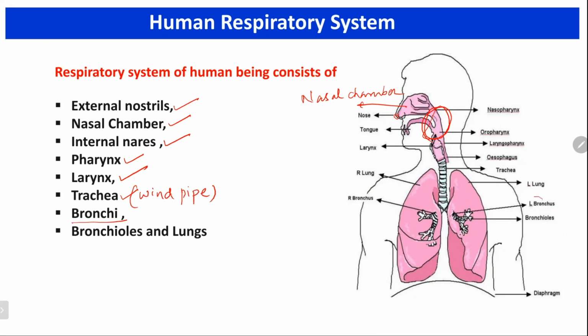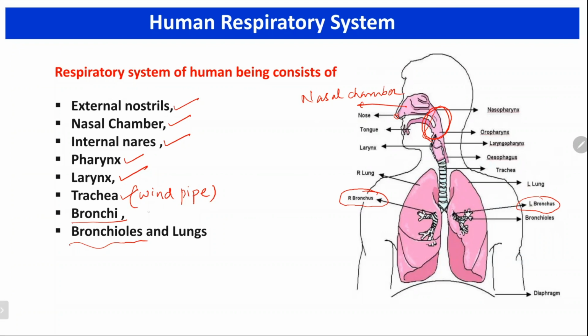So here I have shown, you see left bronchus which enters left lung and right bronchus that enters right lung. Bronchus singular, bronchi plural, right? So bronchi divide into bronchioles. Again, different kinds of bronchioles will be there. We will discuss in detail.